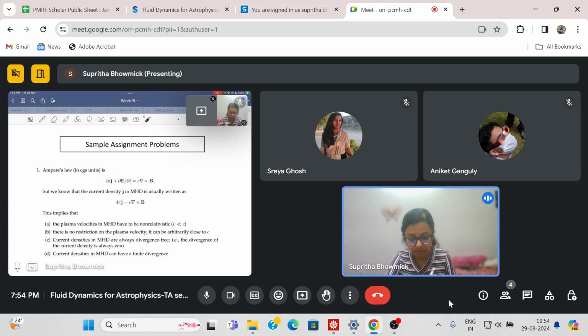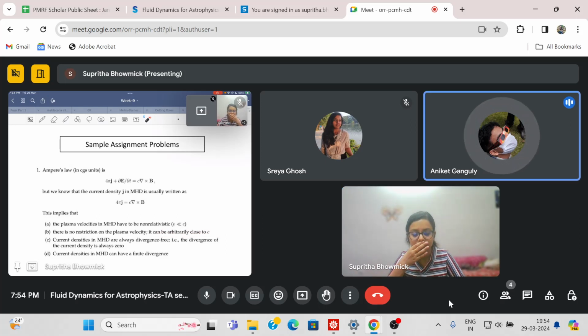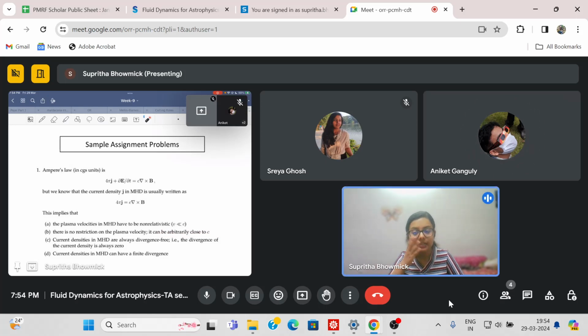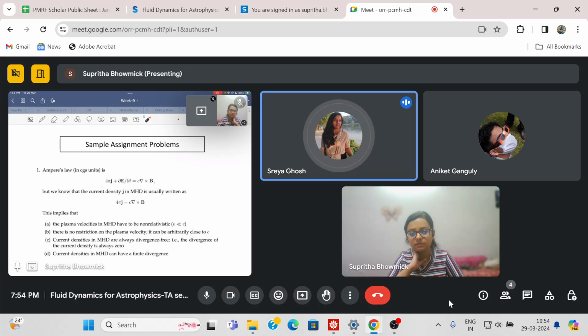That the plasma velocities in MHD have to be non-relativistic, or that there is no restriction on the plasma velocity, it can be whatever, however close to C. I think it should be the first, because there is something called relativistic MHD, but this is not J for that, and we cannot go arbitrarily close to C.